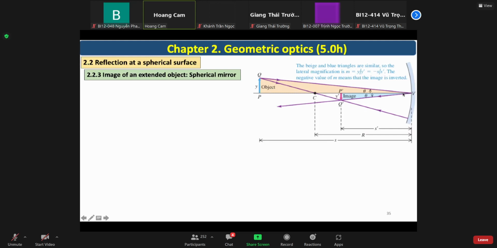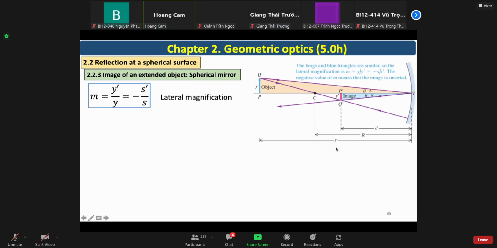And we can use these two right triangles to deduce the relationship M equals Y prime divided by Y, which is the original definition for the lateral magnification. And in this case, it is equal to minus S prime divided by S, in which S prime is VP prime here. It is the image distance, and S is VP, which is the object distance.